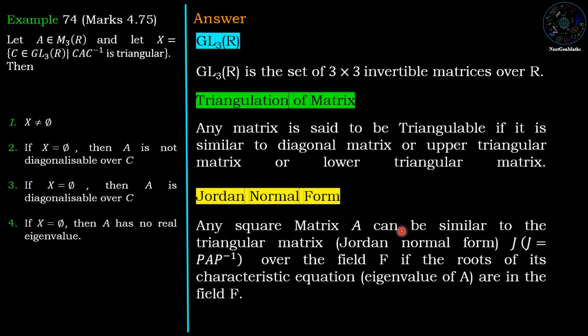Any square matrix A is similar to a triangular matrix or Jordan normal form J = PAP⁻¹ over the field F if the roots of its characteristic equation, that means the eigenvalues of A, are in the field F. That means any matrix A is similar to a triangular matrix if its eigenvalues are in F. Now our F is real, so A is triangulable if its eigenvalues are real.